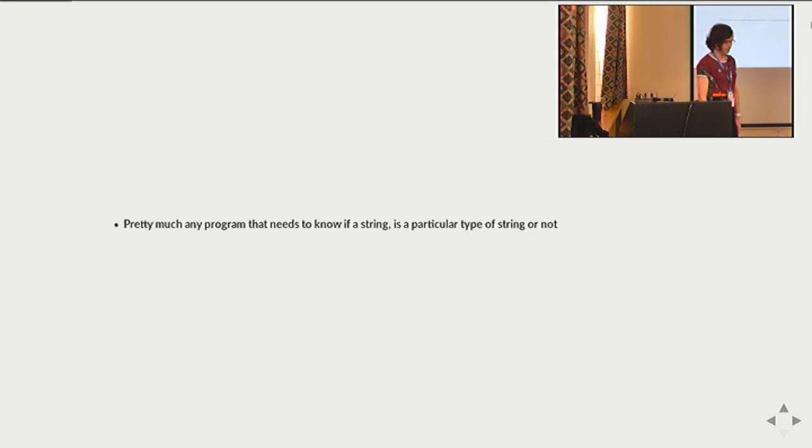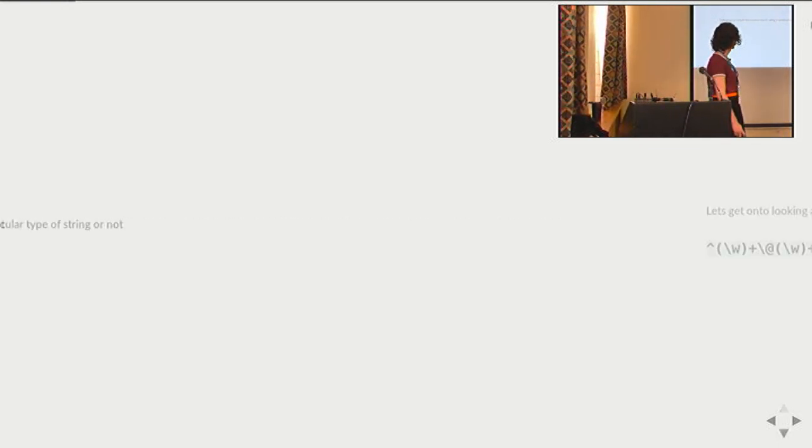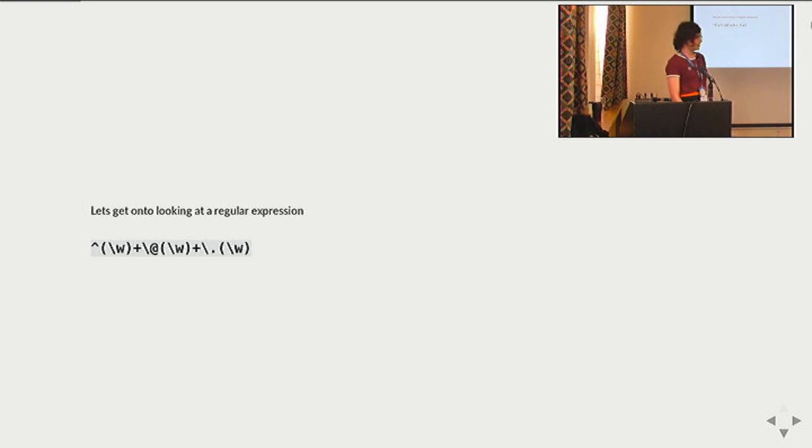But essentially, we see regular expressions in pretty much any program that needs to know if a string is a certain kind of string, or if that string belongs to a certain class or a certain language of strings that we're interested in. So let's get on to looking at one of these regular expressions.